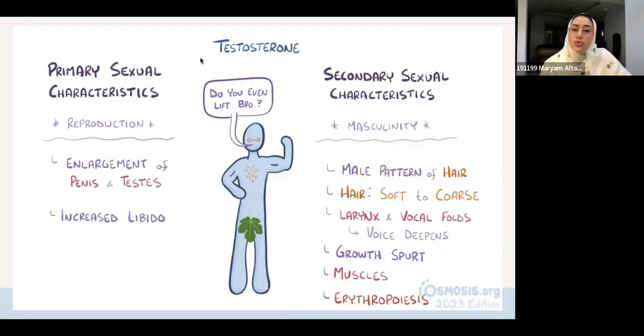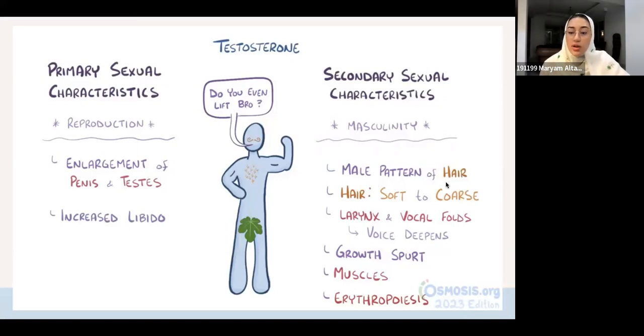What does testosterone do in this case after puberty? You have what we call primary sexual characteristics and secondary sexual characteristics. So primary sexual characteristics are associated with the genitalia and reproduction. So you have enlargement of the penis and testes and increased libido or sexual drive. And then you have your secondary sexual characteristics, which is what we usually associate with puberty.